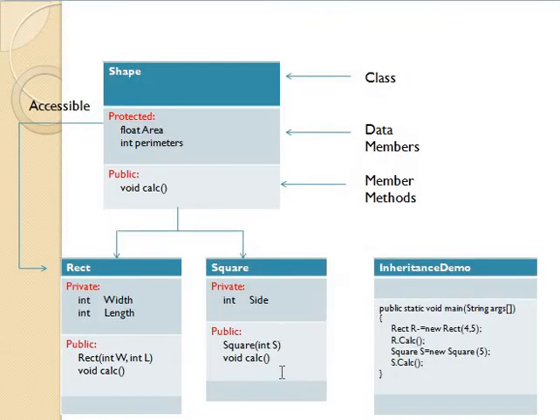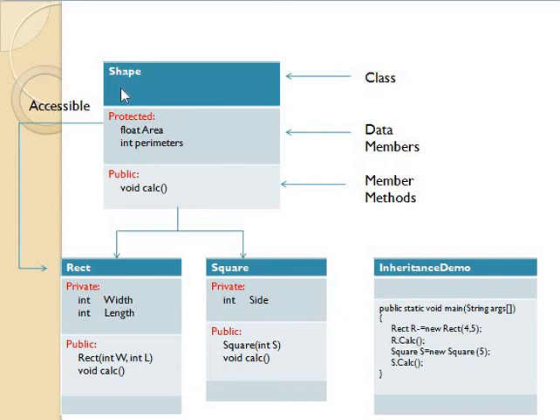So that's what has been represented here. The constructor square for the class square is under the public access specifier section, and the member method calci is also declared under the public access specifier section.